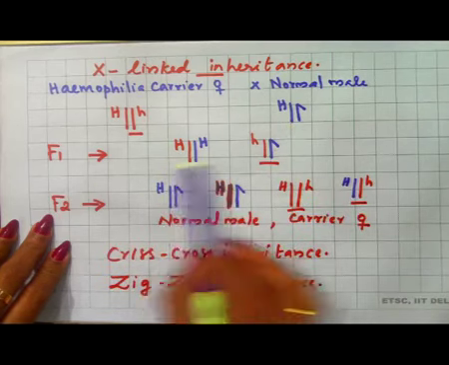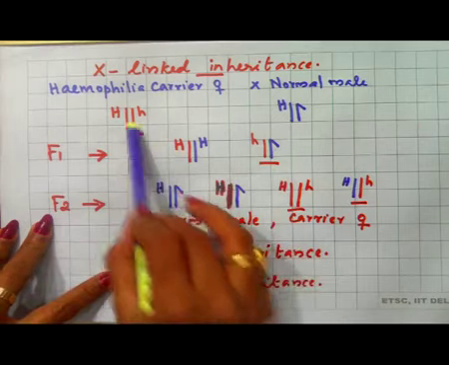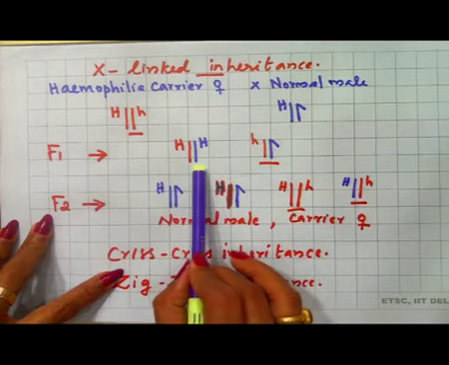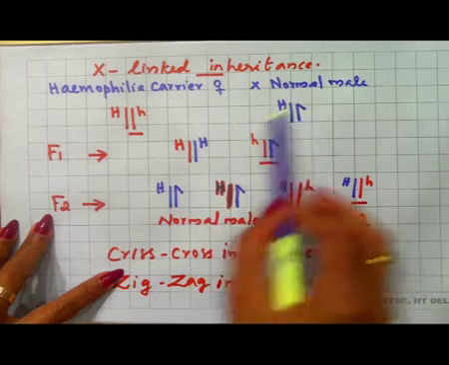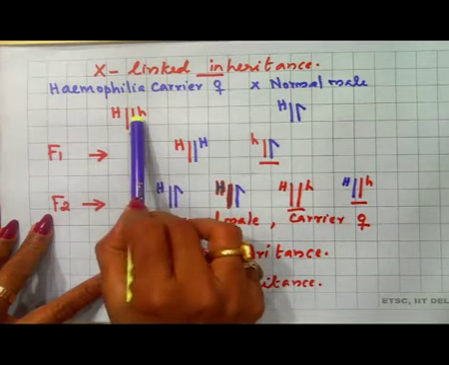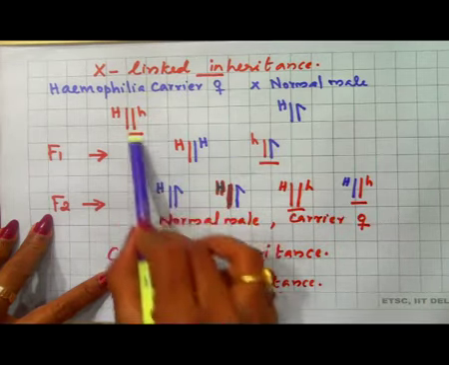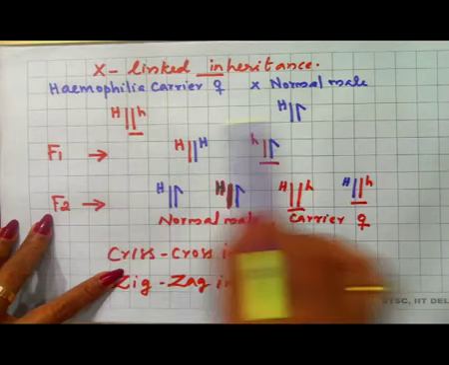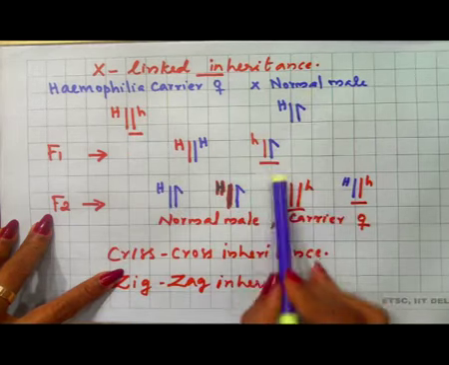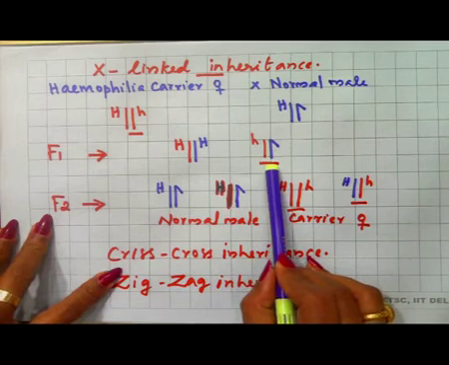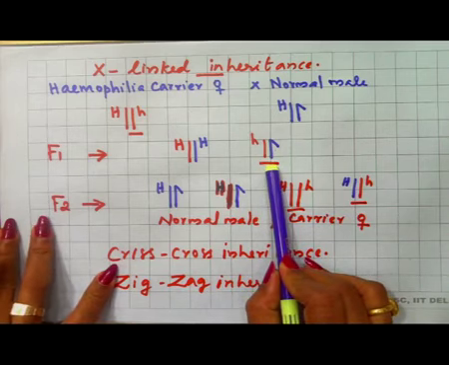See here, the possible progeny is female normal, and this particular gamete, when it fuses with the Y chromosome, there is the production of a hemophilic male.